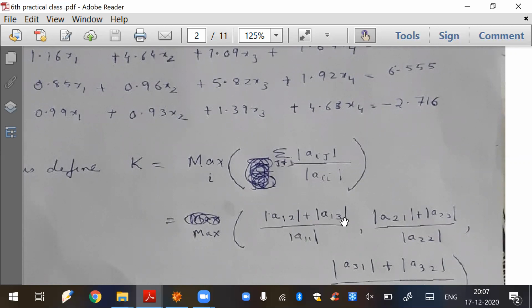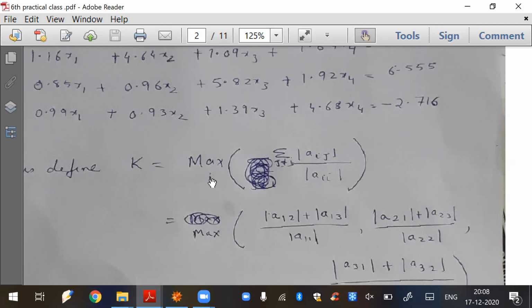Mod of a12 plus mod of a13 plus mod of a14, divided by mod of a11. I had written this for a 3 cross 3 matrix, but there should be plus mod of a14 also, corresponding to the specific problem.